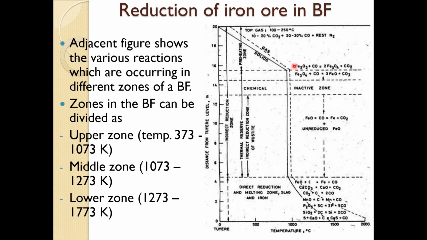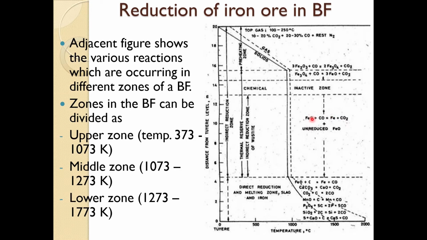Mostly Fe2O3, or hematite, is reduced to magnetite in this region, and then magnetite to FeO. This is sort of an inactive zone in between, and indirect reduction takes place: FeO with CO, the reducing gas coming from below, which is mostly CO, reduces iron oxide into iron and CO2.